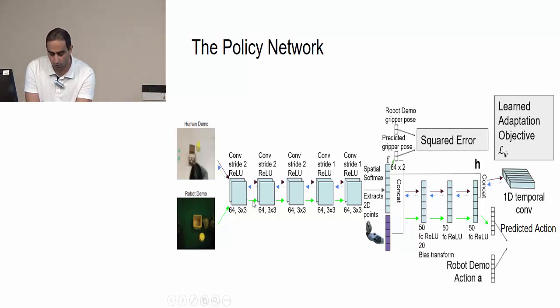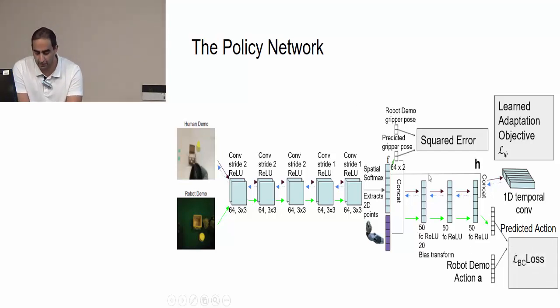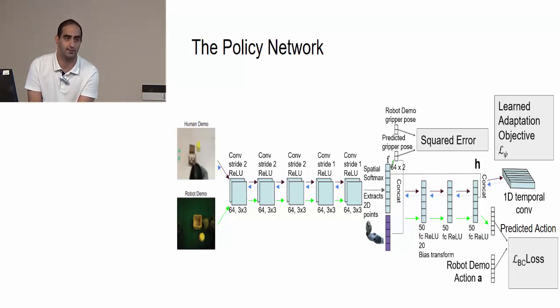We have the robot demonstration action, and we know what the actual action performed was, so we can also calculate the LBC loss. So we calculate this LBC loss, and we update our parameters theta in order to be more optimized for adapting to new tasks.